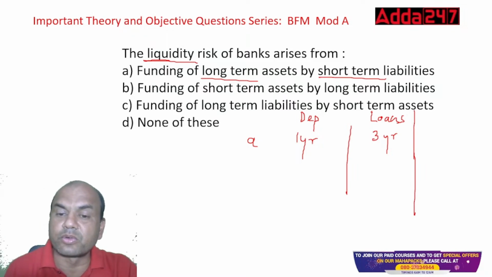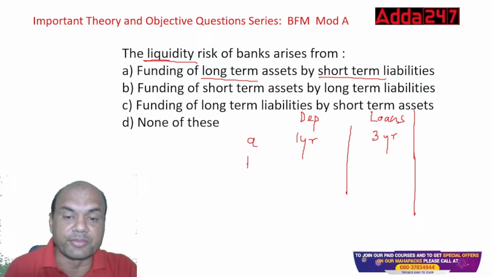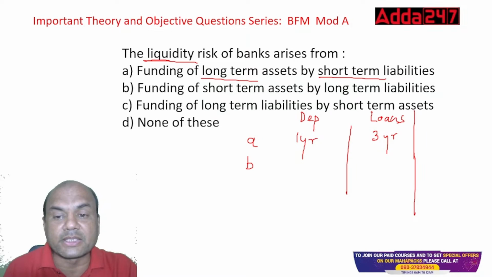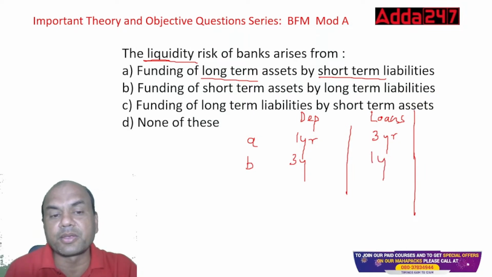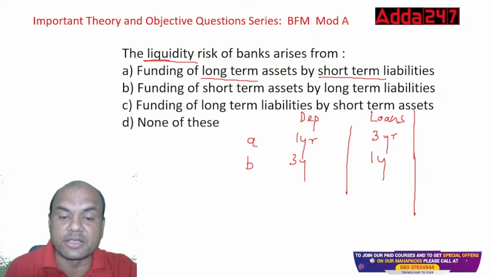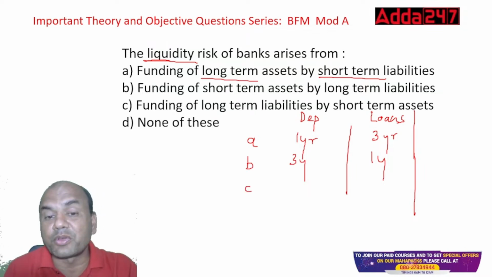Just type yes or no over here. B. Funding of short-term assets by long-term liabilities. So deposit of 3 years and loan of 1 year. Will it create a problem for me? C. Funding of long-term liabilities by short-term assets. This is ab initio wrong, from the start only wrong. Why?